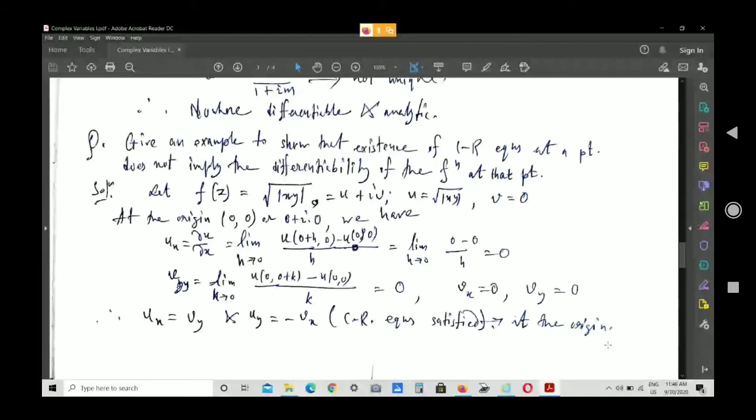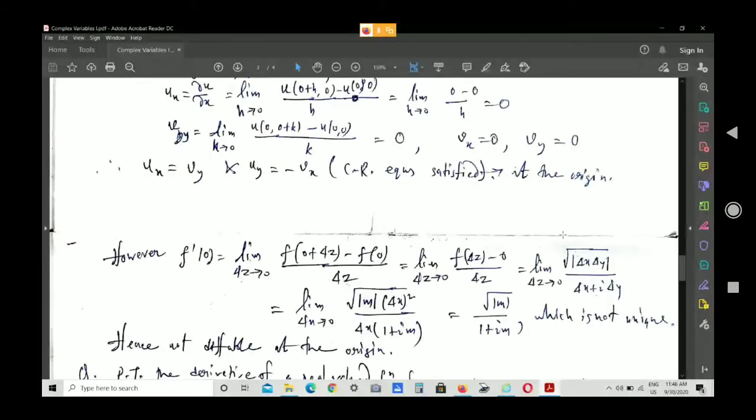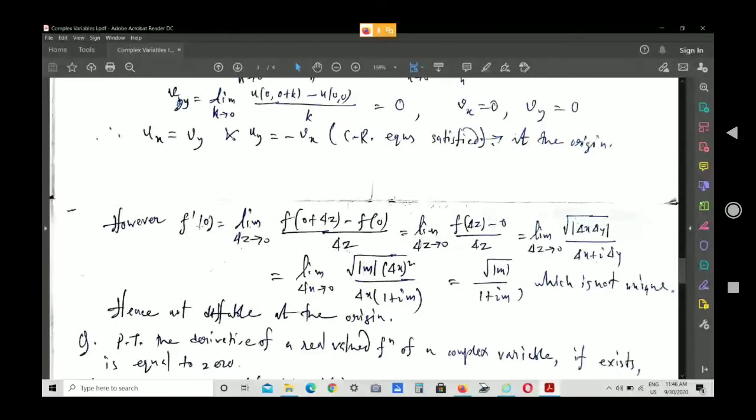That is, the CR equations are only a necessary condition, not sufficient. The CR equation is satisfied, but the function is not differentiable. So at the origin, let us apply the usual definition of differentiability: limit as del z tends to 0 of f of 0 plus del z minus f of 0, divided by del z.